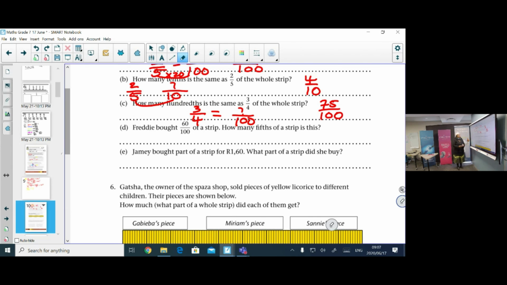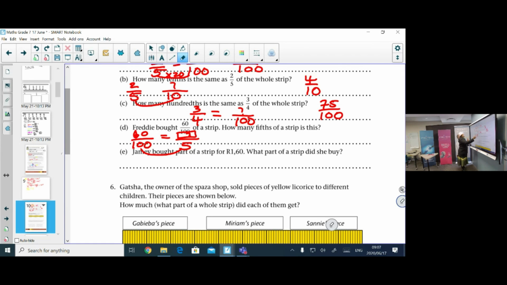And then D, Freddie brought 60 out of 100 of the strip. How many fifths is a strip of this? Interesting, because we have been dealing with going up. Now we are reducing the fraction. So how many fifths is that? So here is in the box. The connection, what we do from 100 to 5.